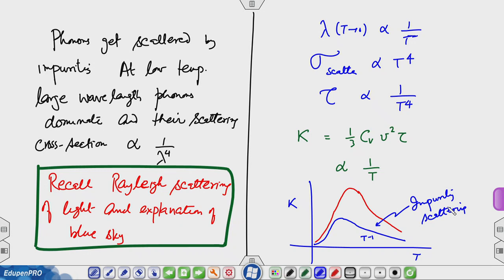So, at large temperatures, conductivity is going to go down as 1/T, and in between the temperature between 0 and theta d, the behavior is going to be slightly different. Now, impurity scattering would also not let the conductivity go very high. So, initially you have boundary scattering, T cube behavior, and then impurity scattering sets in and then it starts reducing the conductivity.